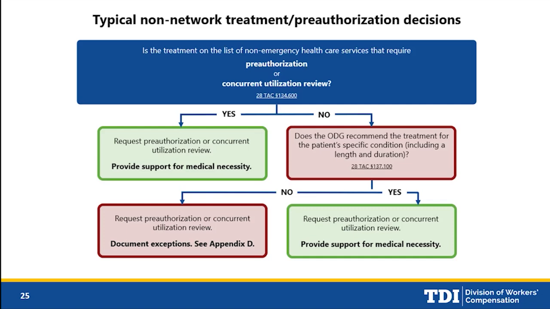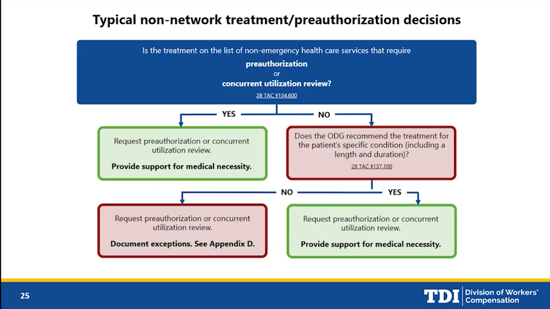Do it right the first time. So check out that Appendix D and documenting exceptions. It's going to be really important that you do that. If the ODG does recommend it, then you can provide it. But again, every service can be looked at retrospectively if you did not get pre-authorization up front.